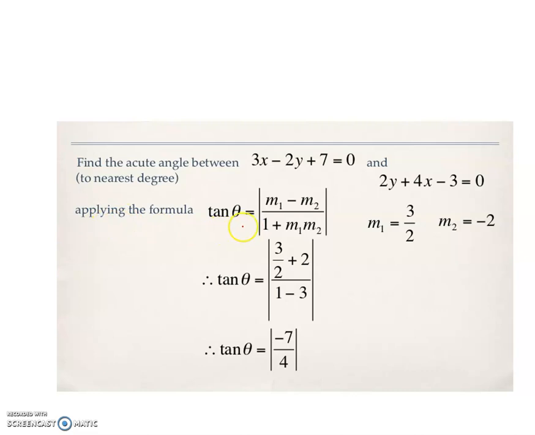Now tan theta is equal to m1 minus m2 upon 1 plus m1 into m2. So it is 3 upon 2 plus 2 upon 1 minus 3, because here the 2 and 2 get cancelled, and 3 into, that is the answer. So tan theta is equal to minus 7 upon 4.